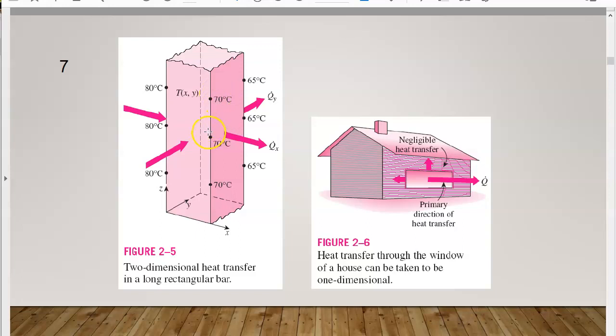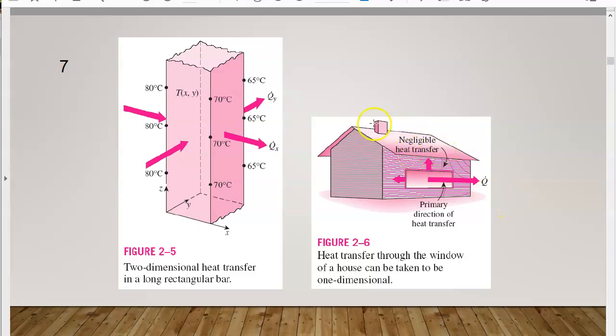If it has another one, perhaps it can go from top to bottom, or bottom to up, so this is 3-dimensional. For the heat transfer along the wall, we neglect it. We just assume that it is being transferred from inside of the building to outside.